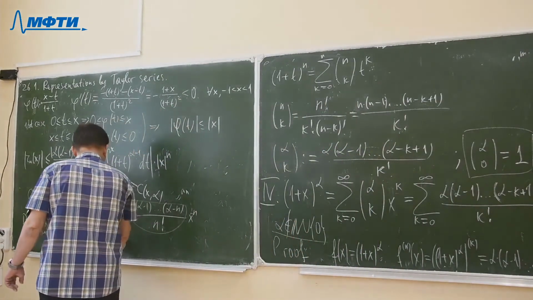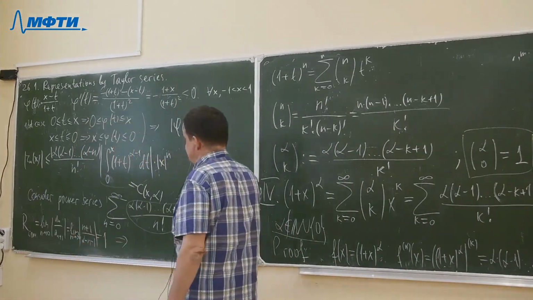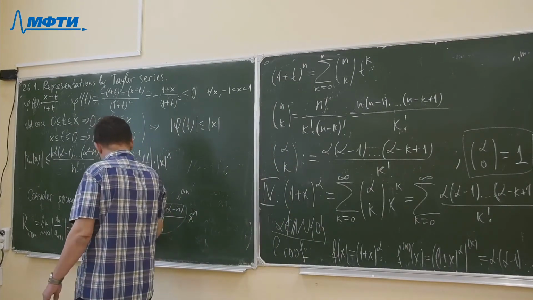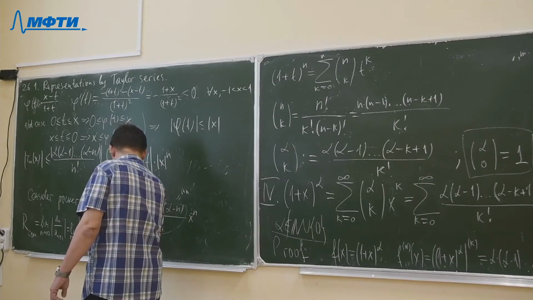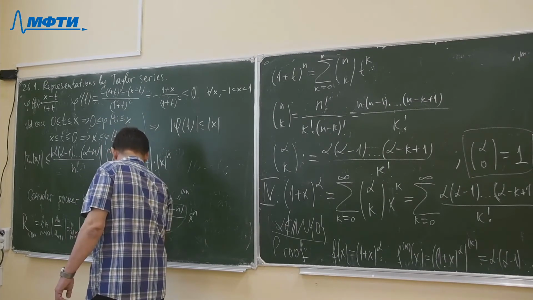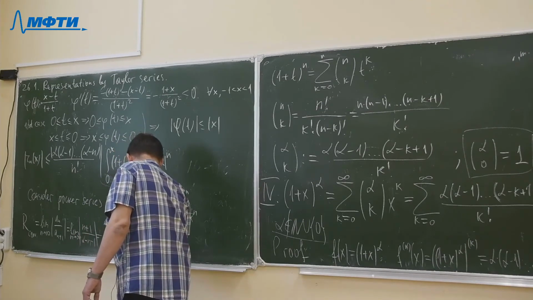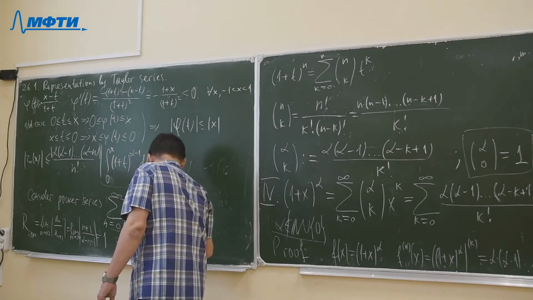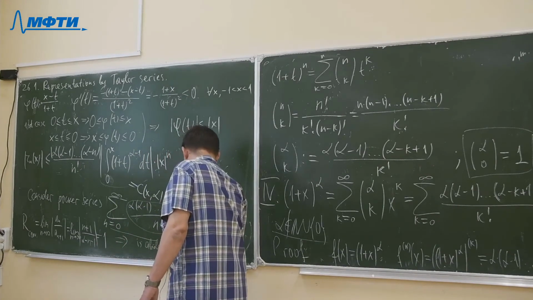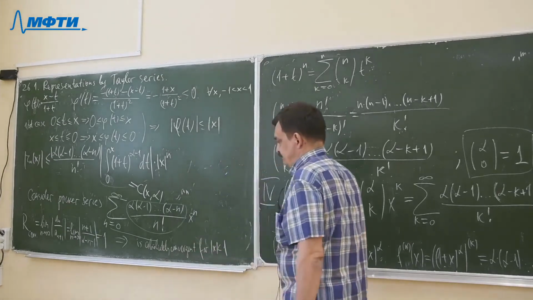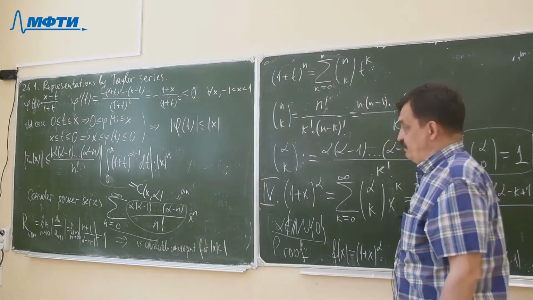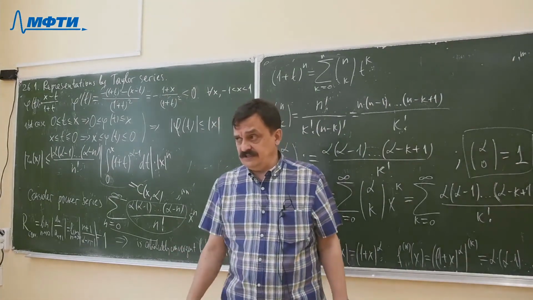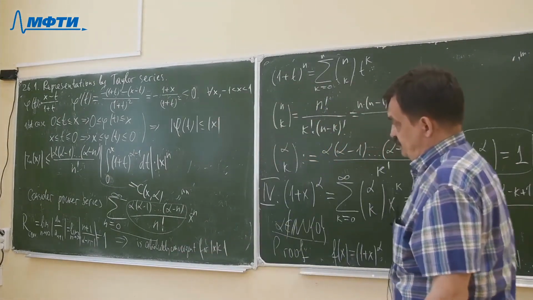Hence, by properties of power series, this series is absolutely convergent for modulus of x less than 1. So every power series is absolutely convergent inside its interval of convergence.